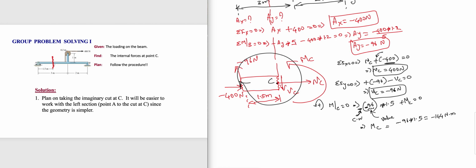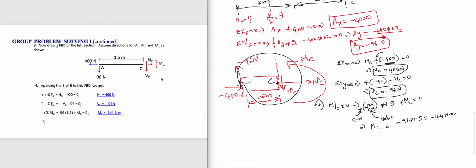That means C is in tension. VC is negative 96. That means actually VC is going up 96 or down negative 96. Moment is 144 Newton, and I assume counterclock. That means it's actually going clock 144 Newton meter. So basically, that's what we calculated. NC, VC, MC. That is how we solve problems.